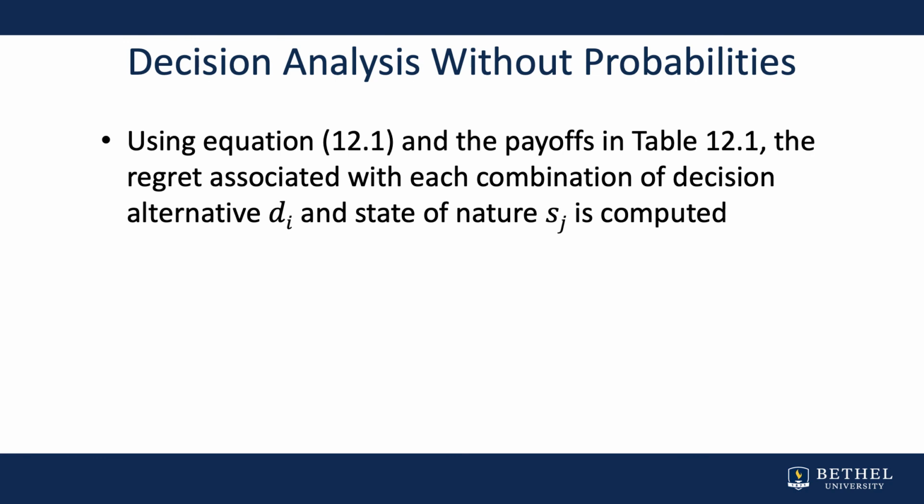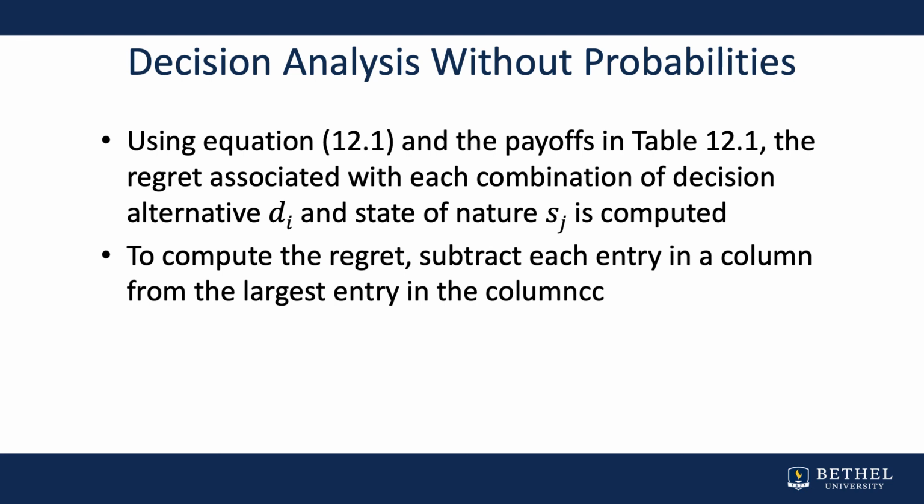Using the equation in 12.1 and the payoffs in table 12.1, the regret associated with each combination of decision alternative Di and state of nature Sj is computed. To compute the regret, subtract each entry in a column from the largest entry in the column.